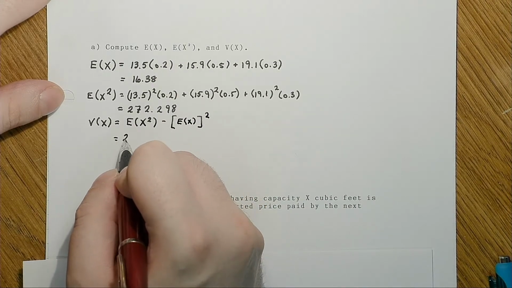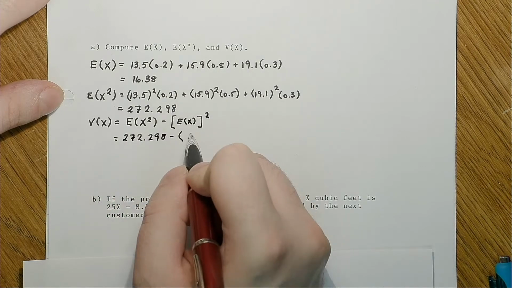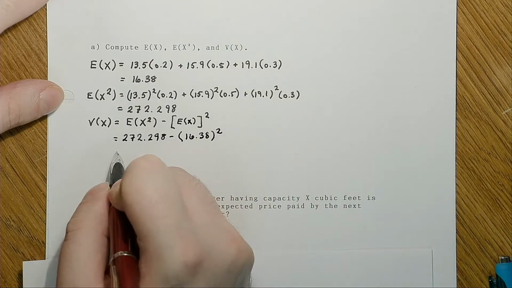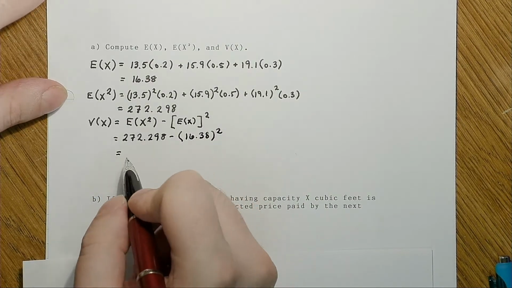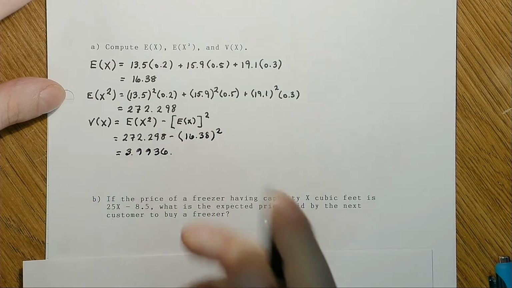I'll have 272.298 minus 16.38 squared, and that yields 3.9936.